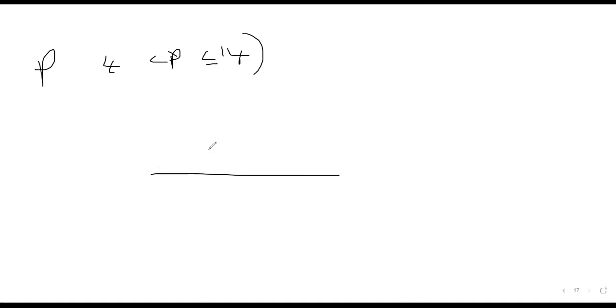So you are going to use intervals. Our 10 is here. 4 is on the left side. You need to give us a negative side, and our 14 is on the right side.